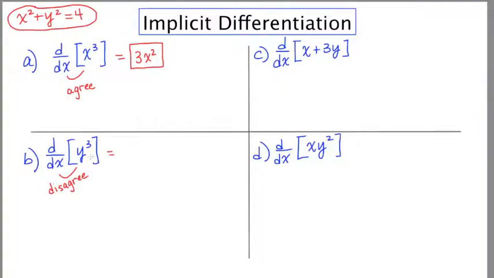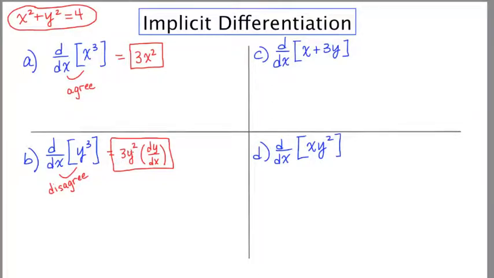So to do this, we're going to use the power rule, 3y squared, but then we're going to have to use the chain rule and take the derivative of this expression with respect to x. So that's just going to simply be dy dx. And I know it's a little funny to have that in your answer, but for now it's going to be fine.